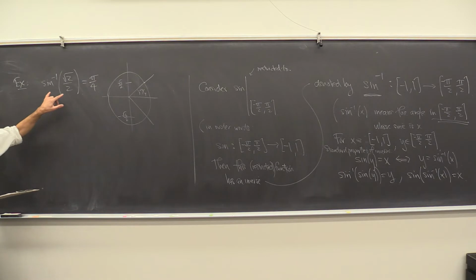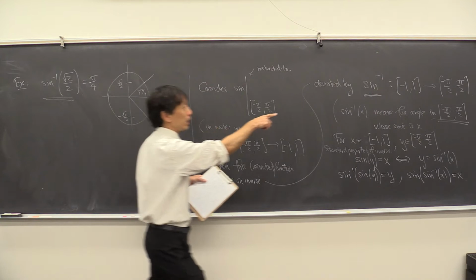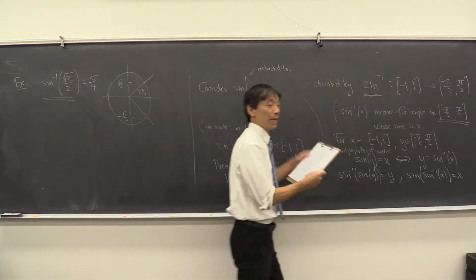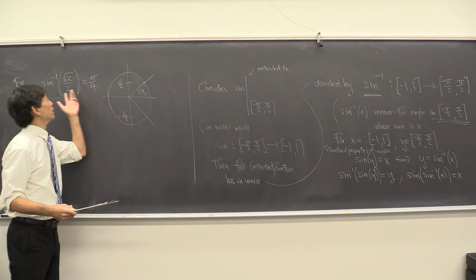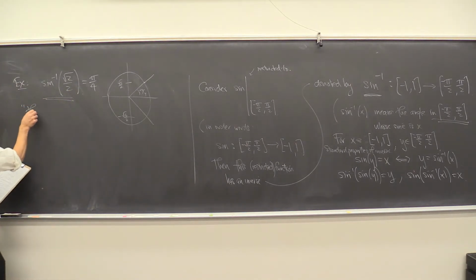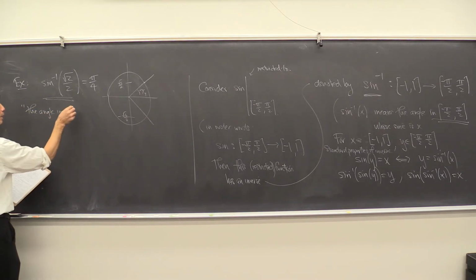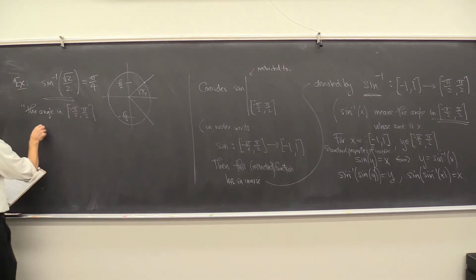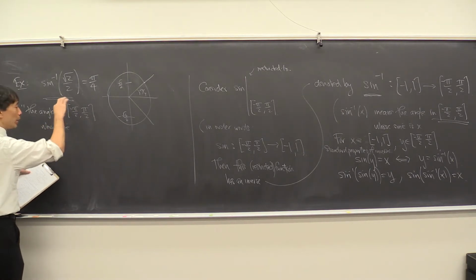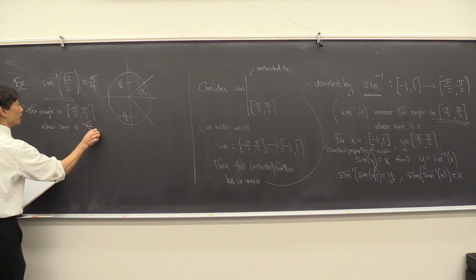Right, because this is the angle. Let's translate this into English. The angle in negative pi over 2 to pi over 2, the angle on the right side of the plane whose sine, the y coordinate of the point on the unit circle, is root 2 over 2.